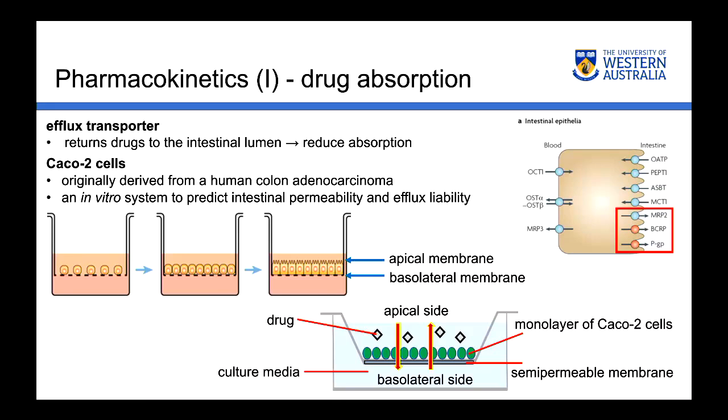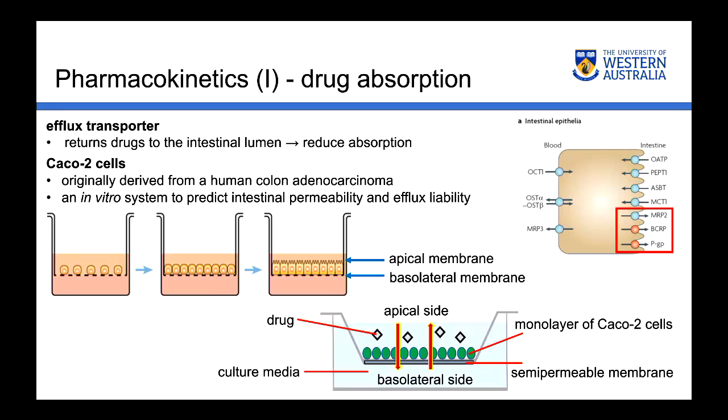Okay, so for a company to design drugs, the FDA has actually developed a guide to the industry that, as a part of preclinical studies, when they look at these in vitro experiments, they should look at whether an investigational drug is likely to be subject to transporter-mediated efflux, which means that it returns the drug to the intestinal lumen.